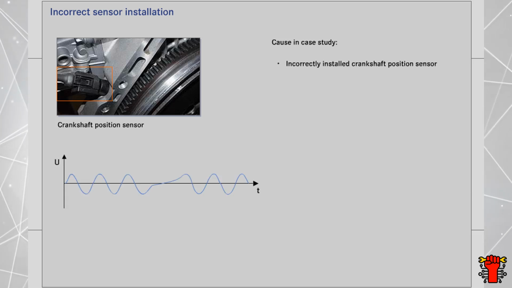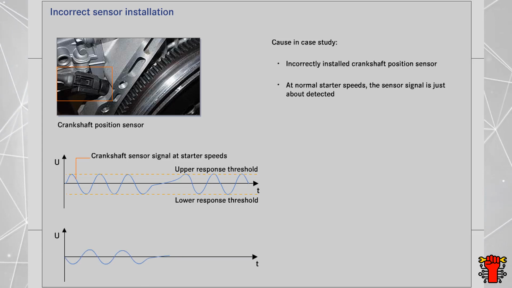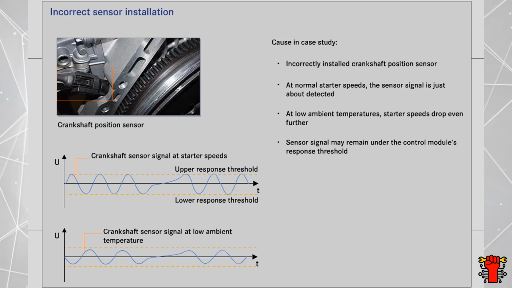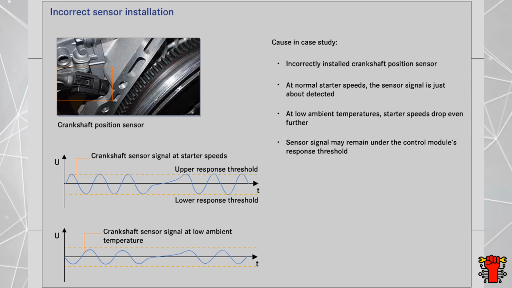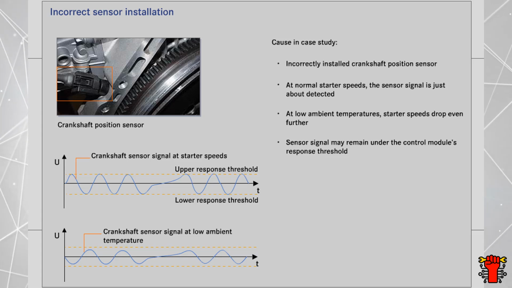At normal starter speeds, the signal is detected. However, if this speed is reduced further because of the low ambient temperatures, as is assumed in our case study, it's possible that the signal will remain below the response threshold of the control module.